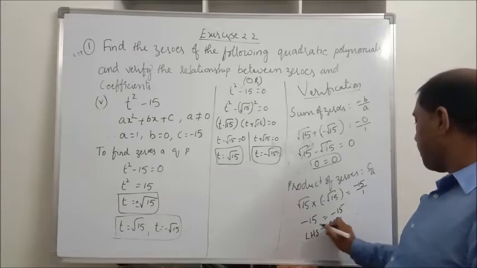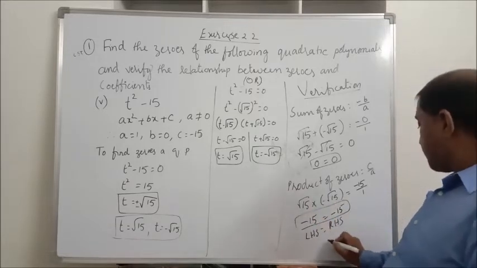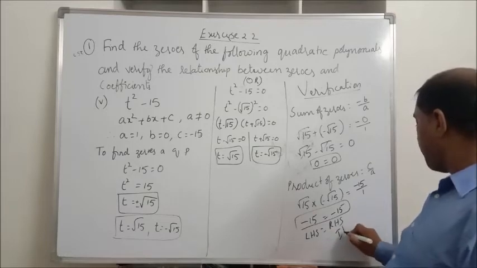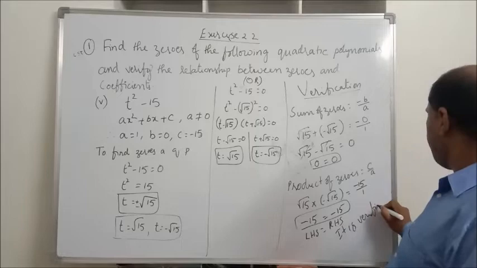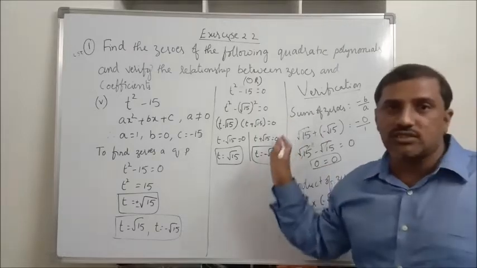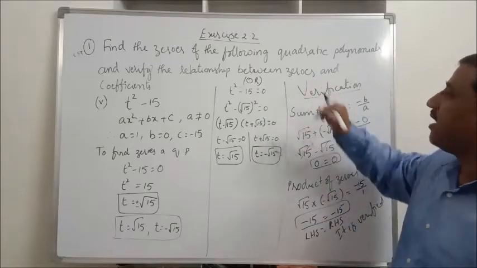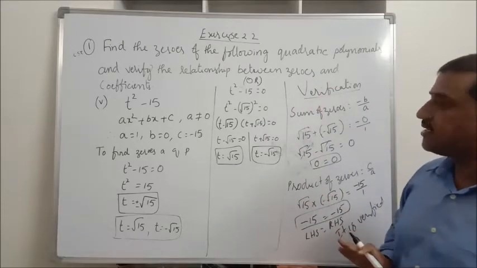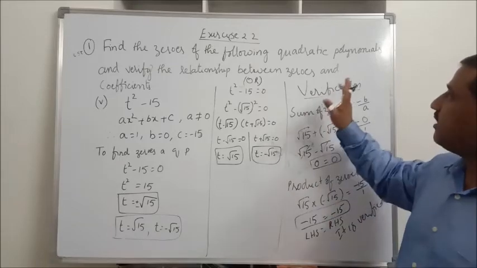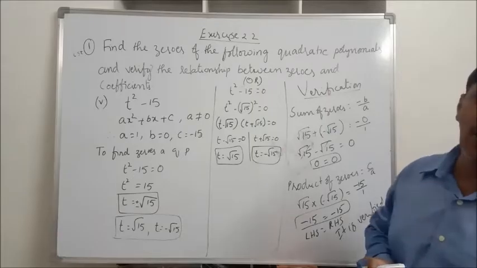Both are equal on the left hand side and the right hand side. Therefore it is verified. Like this we can find the zeros of the quadratic polynomial, and also verify the relationship between zeros and coefficients. Did you understand how to find the zeros and how to verify them for the quadratic polynomial?